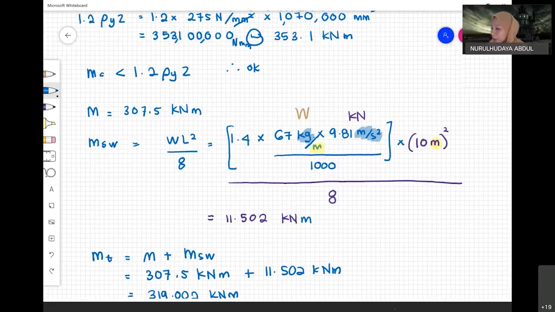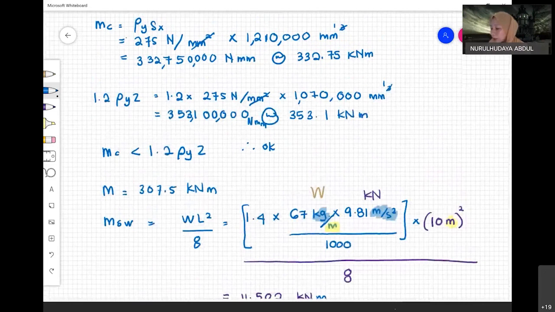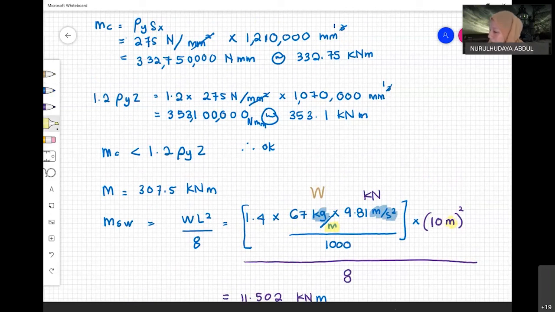Kita comparekan with MC 332.75. Yang ni awak punya MC ni. Comparekan dengan our MT, total moment. Maksudnya moment yang come from the beam, the self weight of the beam, and also the loading. Mestilah moment tu less than the moment capacity yang beam tu can support.